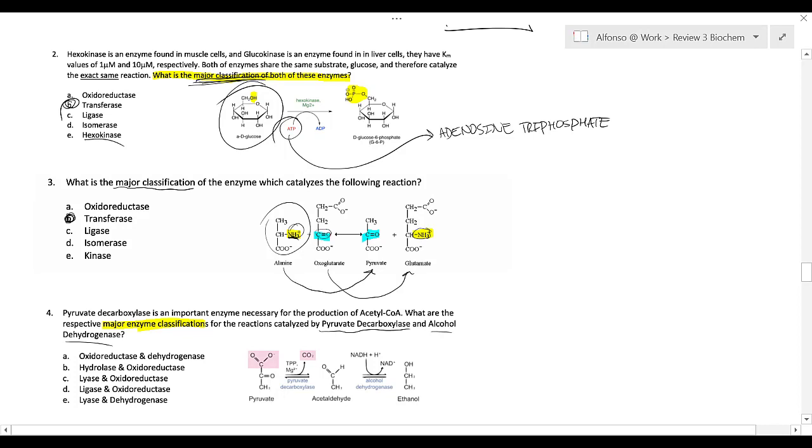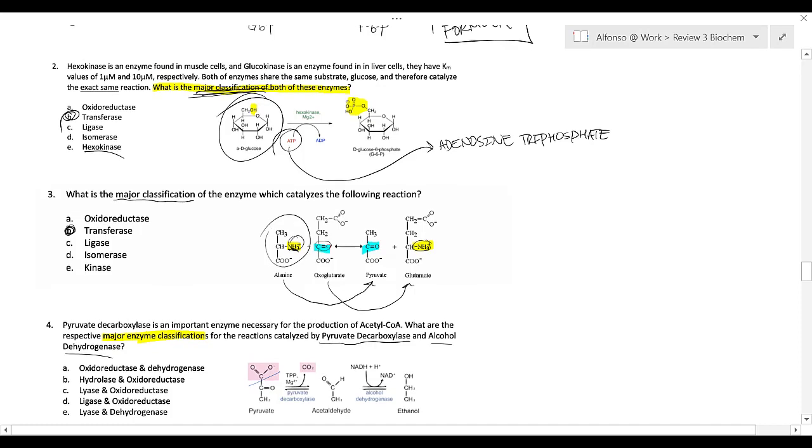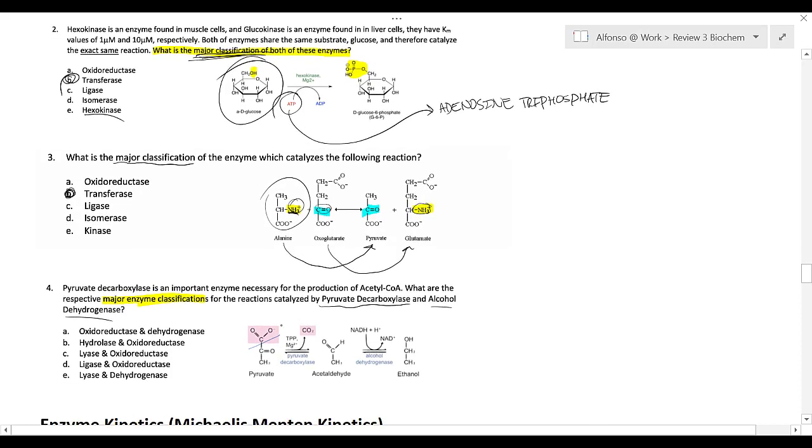So if you'll see here, pyruvate lost CO2. So pyruvate was cleaved, and it doesn't look like any water was used here. So anytime you have a cleavage that does not require water, what is the major classification of the enzyme that does that?